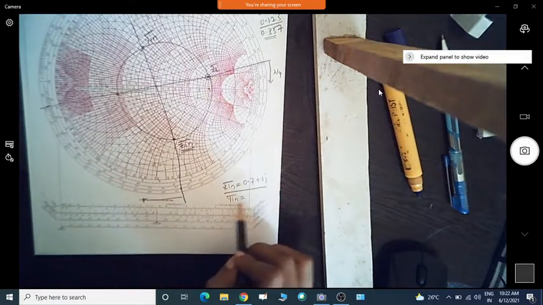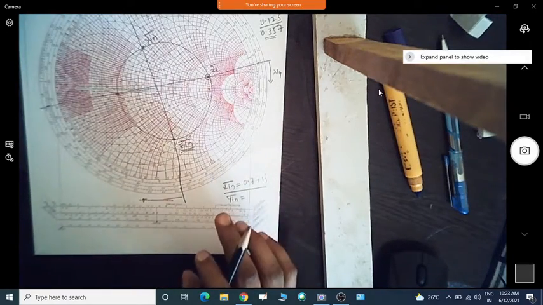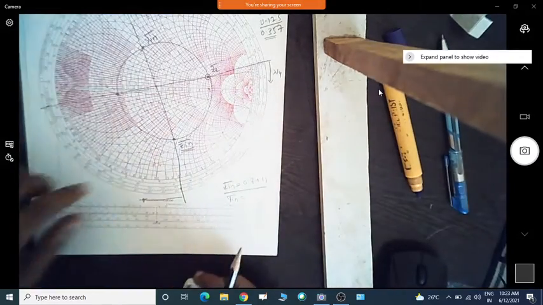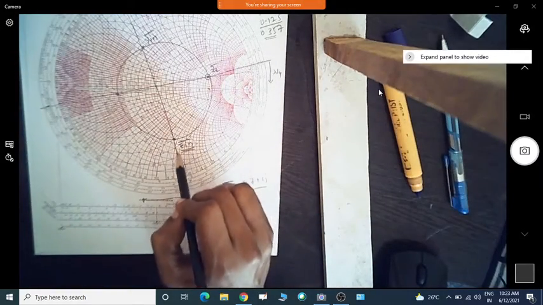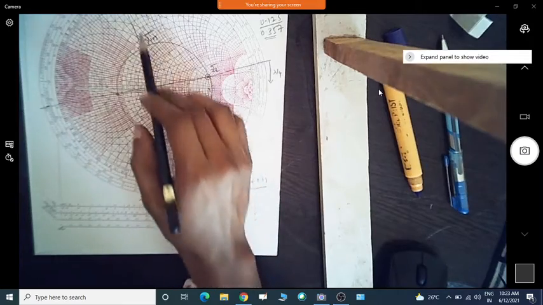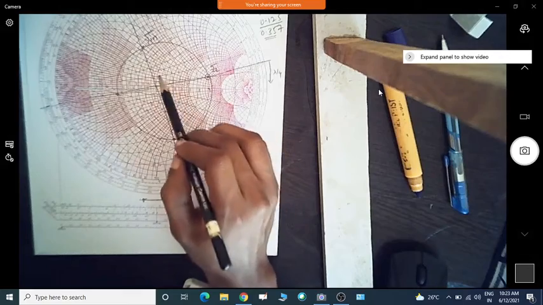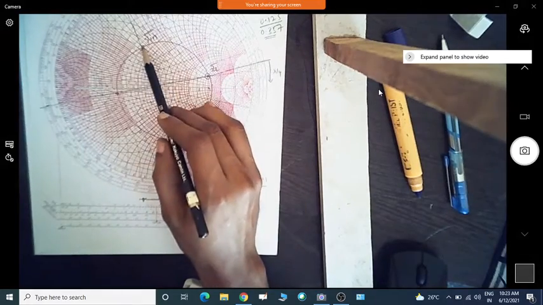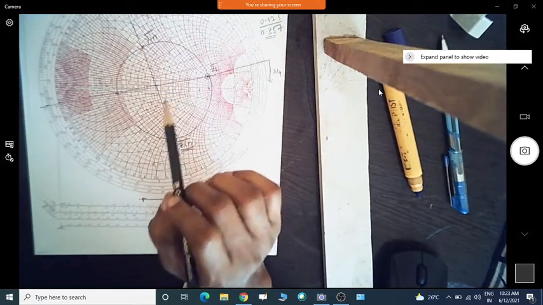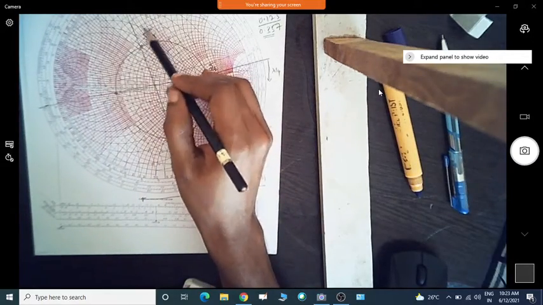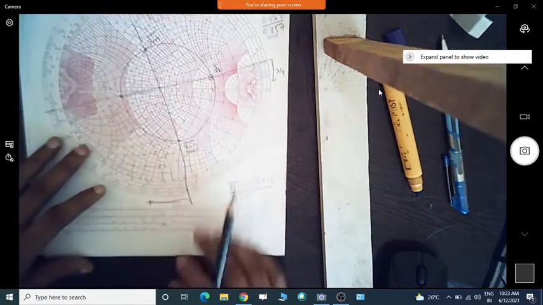So this is how we find it: wherever you find the input impedance, take exactly 180 degrees, or move lambda by 4 distance on the VSWR circle, and from the input impedance you get the input admittance value.